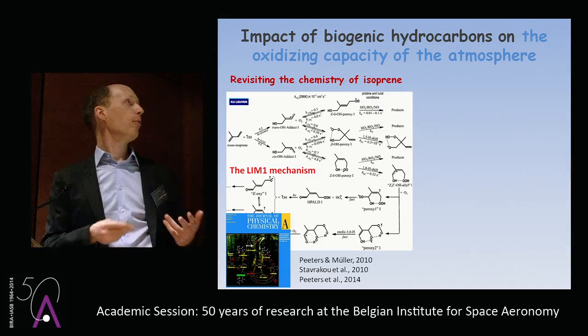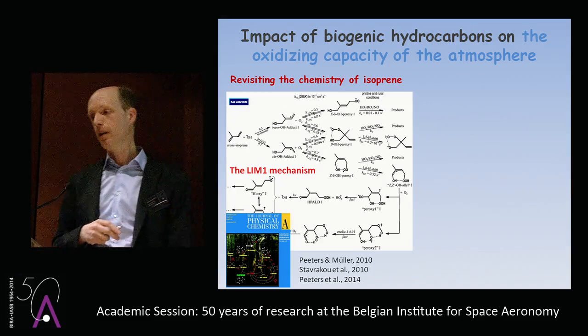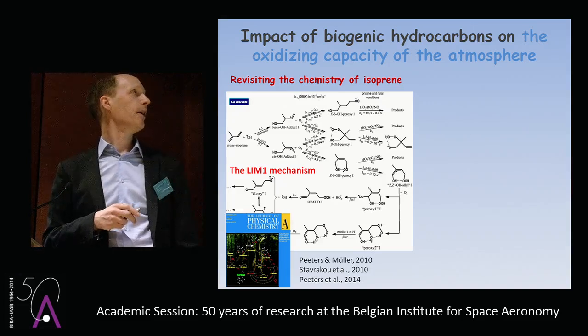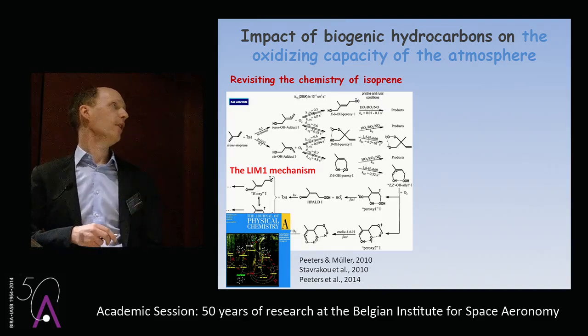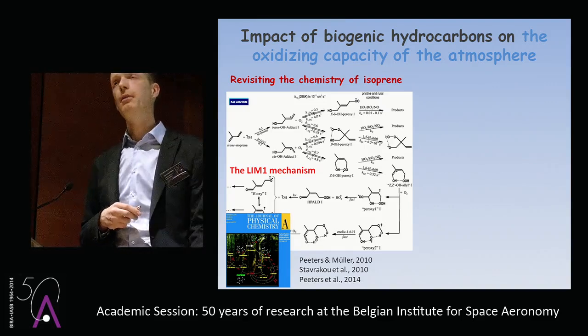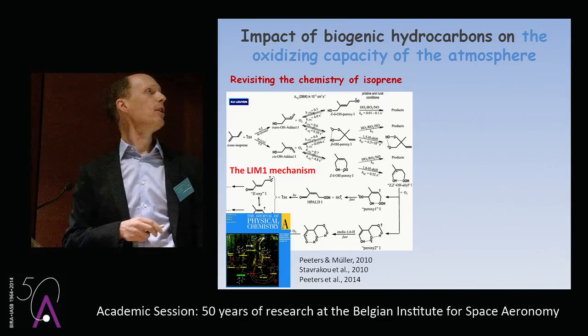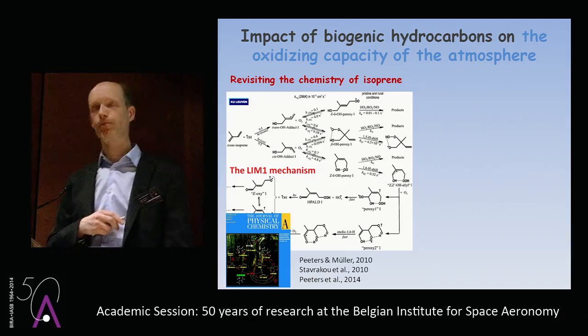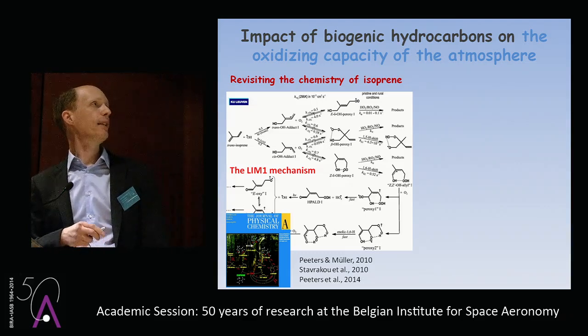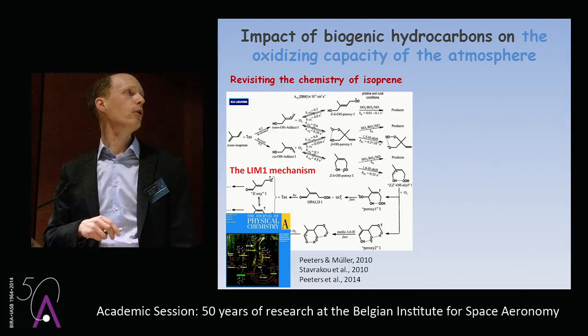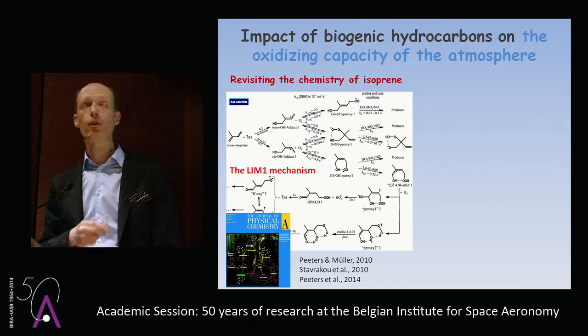And then people tried to find out what it could be using laboratory measurements and theoretical studies. And then the Leuven group, Jozef Peeters and colleagues, came up with the LIM0 first, and the LIM1 mechanism, proposing completely new chemistry. And we worked a lot with that group in order to test how those new reactions compared with laboratory measurements.